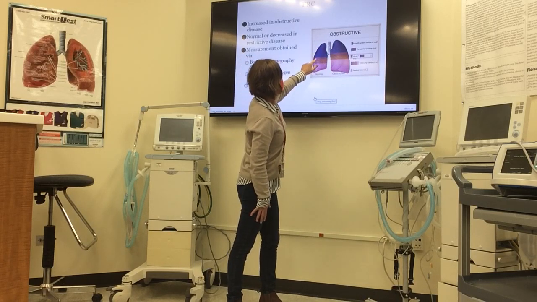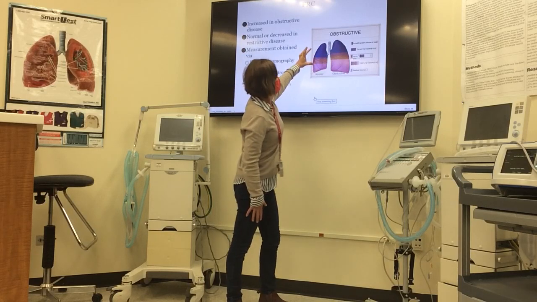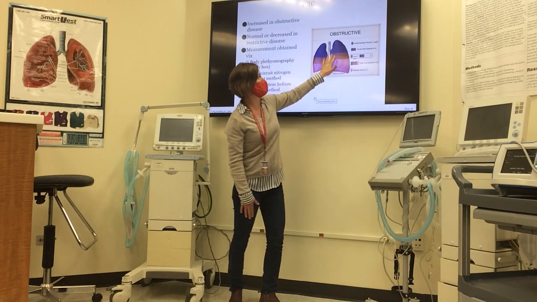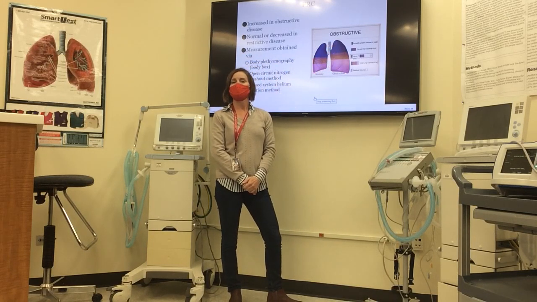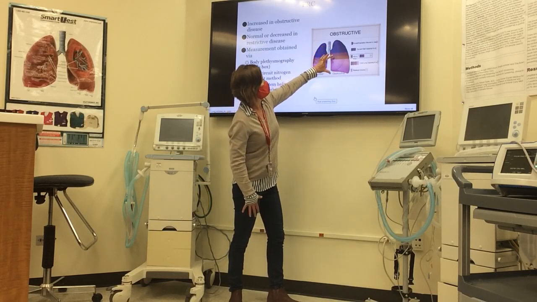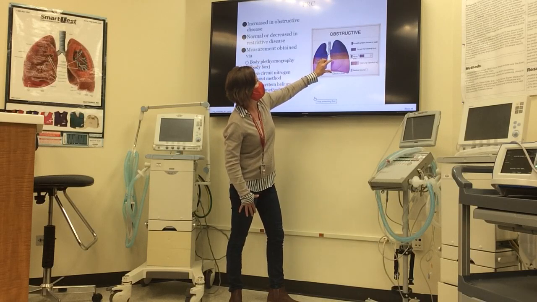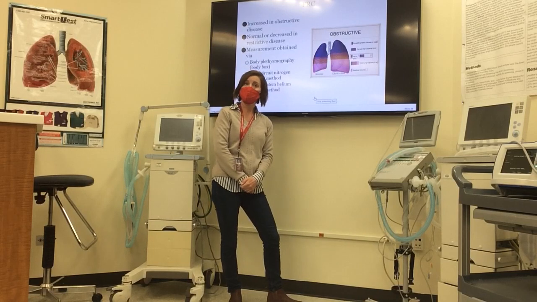It's kind of hard to distinguish between the inspiratory reserve and the tidal volume, but it's this section right here. What do you notice about a patient on the left side? What do you notice about that patient's expiratory reserve volume and residual volume, or their functional residual capacity? It's a lot bigger.